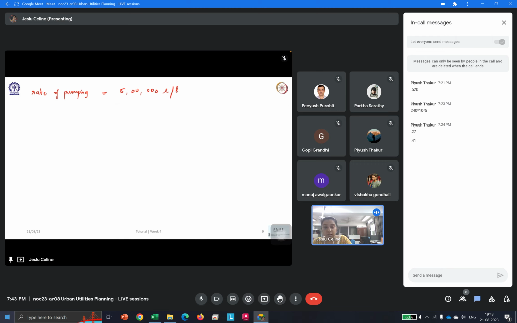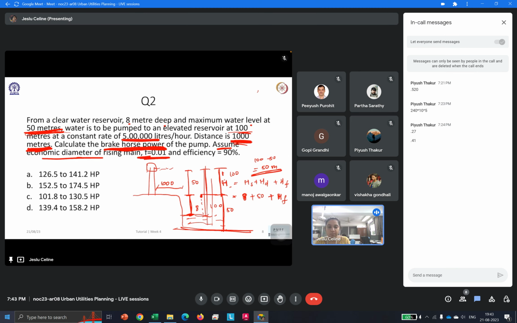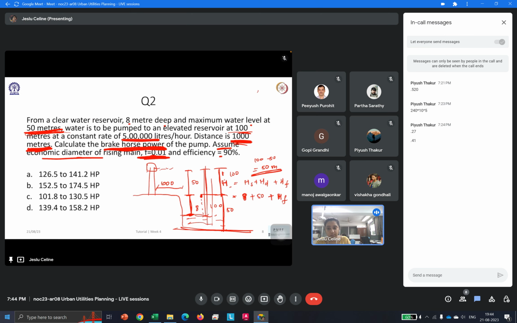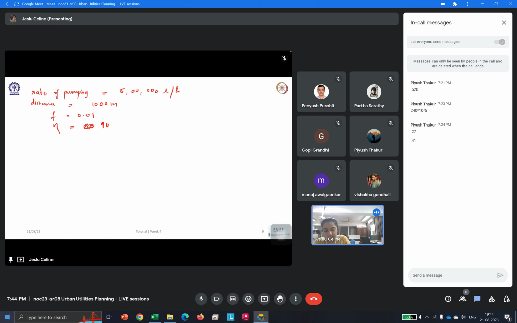Now, in order to find our friction loss, we also have the distance which is given, which is 1000 meters. Then F is given to be 0.1. F is a Manning's coefficient which is given. We need to convert it to Darcy's coefficient in order to fit into our formula. Then efficiency is given to be 90%.